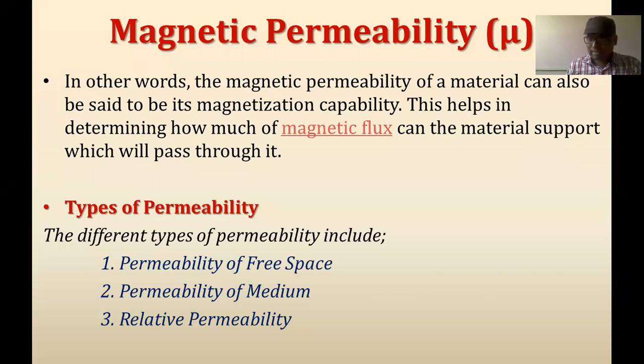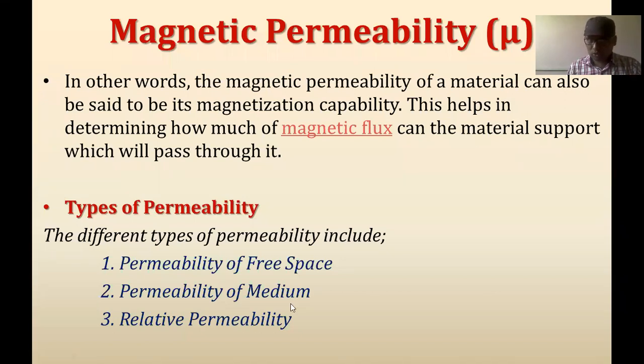Just now I said that permeability is nothing but the permission to pass magnetic lines. It is the permission given by that medium to pass the magnetic lines of force. It means that this permeability gives the relationship between two things.